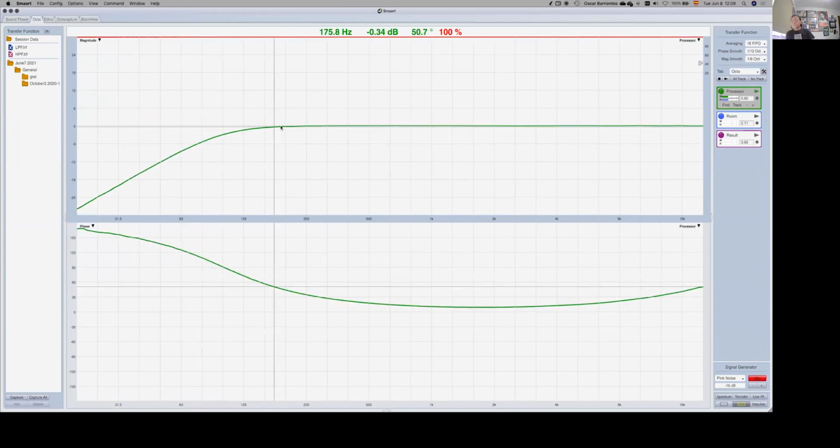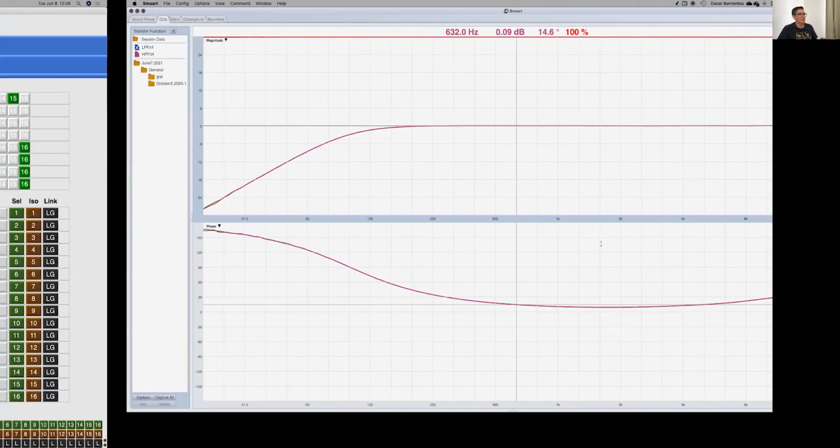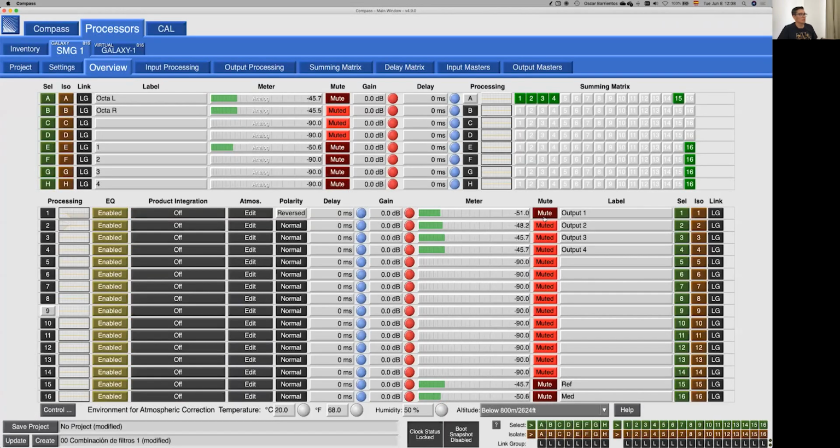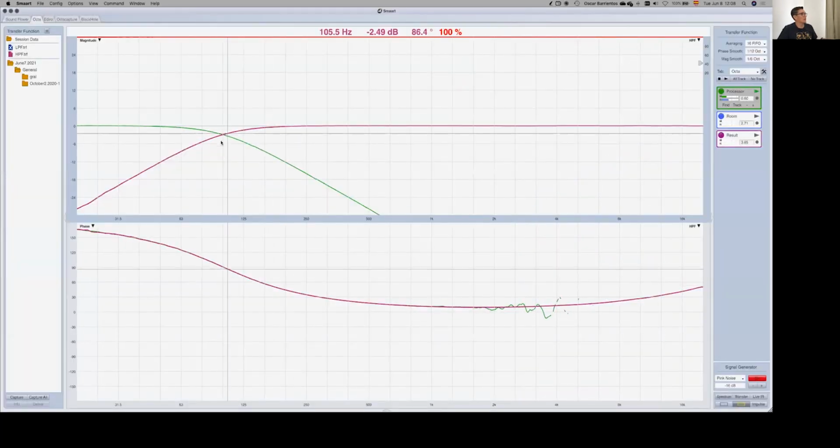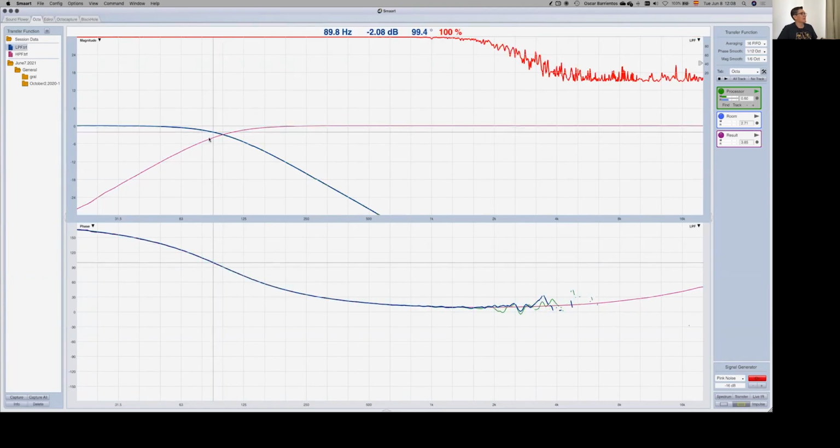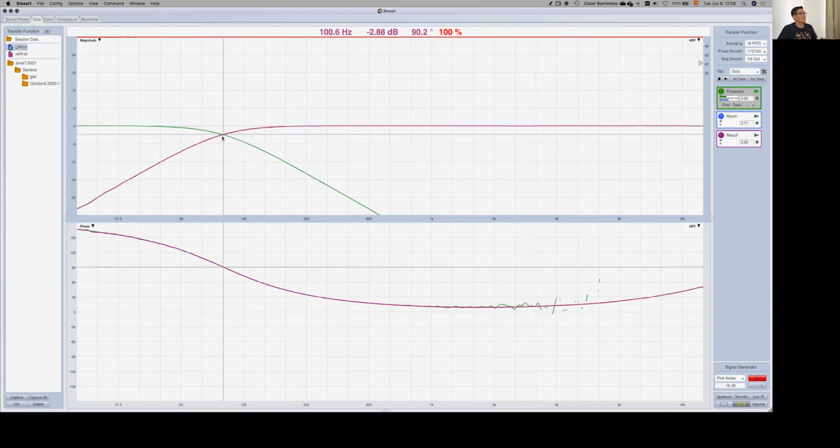Okay, we have a high pass filter trace for magnitude and phase response over here. So if we just store that, I did it, it is stored right now. And if we change the high pass filter and we use a low pass filter as well, we're going to have a crossover frequency over here, right? So I'm going to store that, and let's just imagine that we are going to increase the level for the low pass filter.